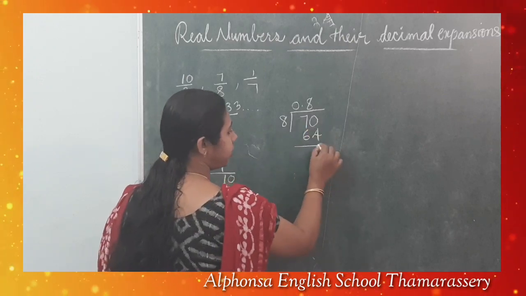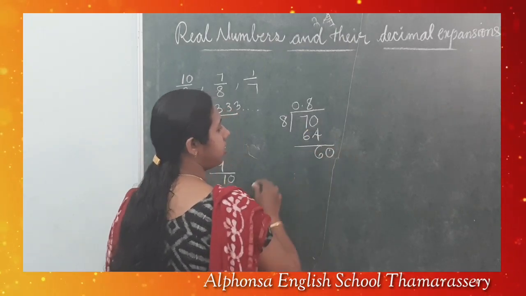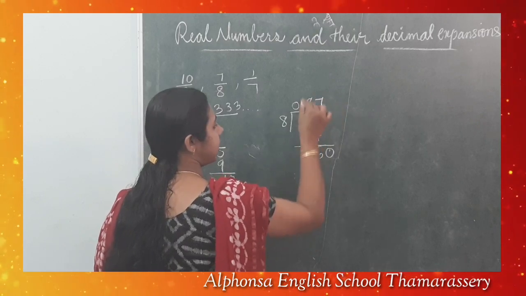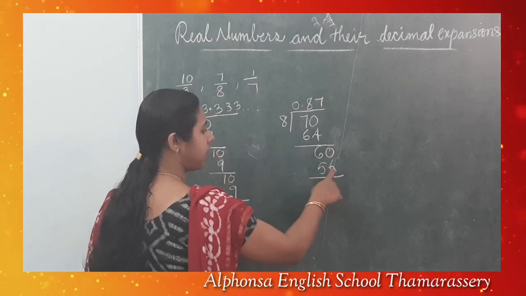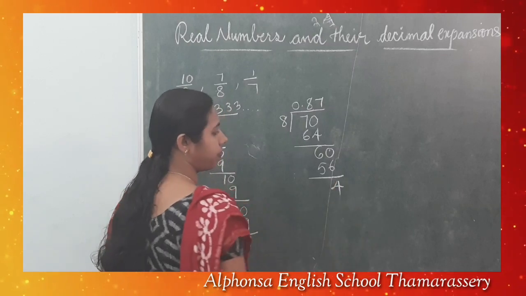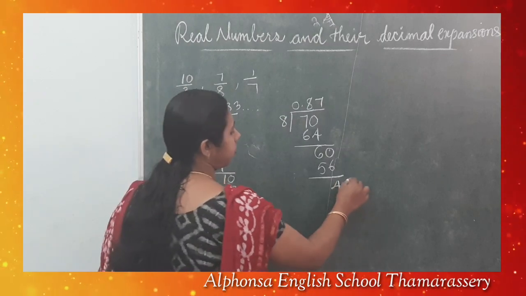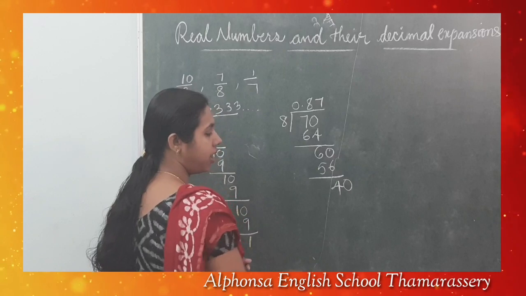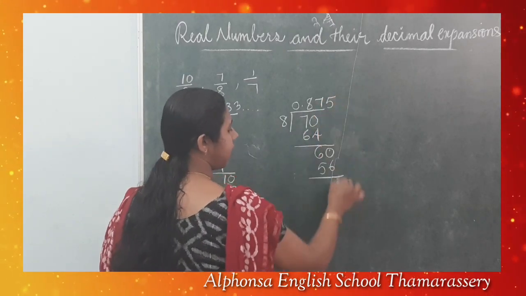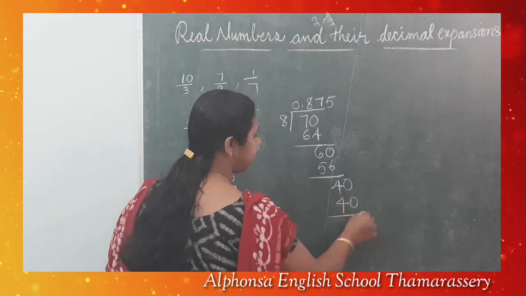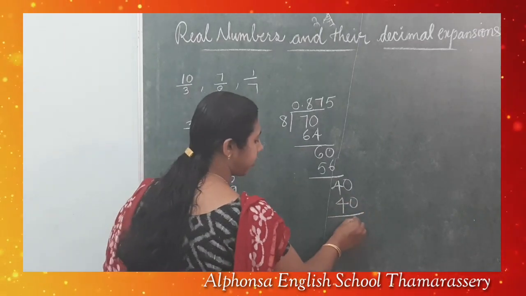So 10 minus 4, that is 6. Again, you can continue this, 60. So 7 8s are 56. Remainder 10 minus 6, 4. Put one more 0, now 40. 40, how many 8s are there? 5 8s are 40. The remainder 0.